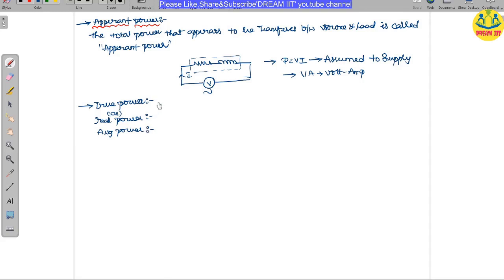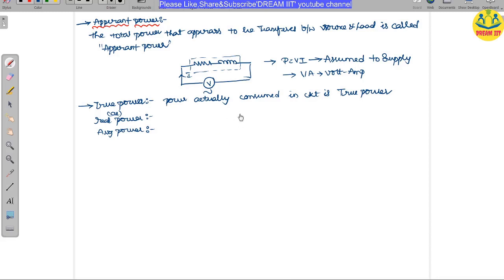In the name itself you can see true power or real power: power which is actually consumed in the circuit. This is a very simple definition. Power actually consumed in the circuit is called true power, or real power, or average power, all are the same.